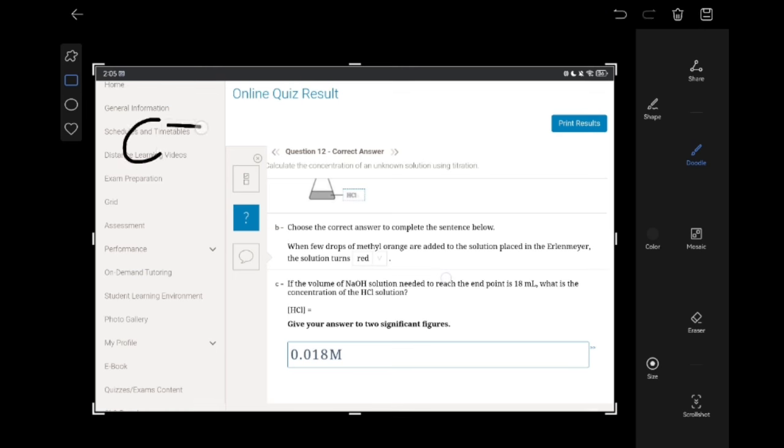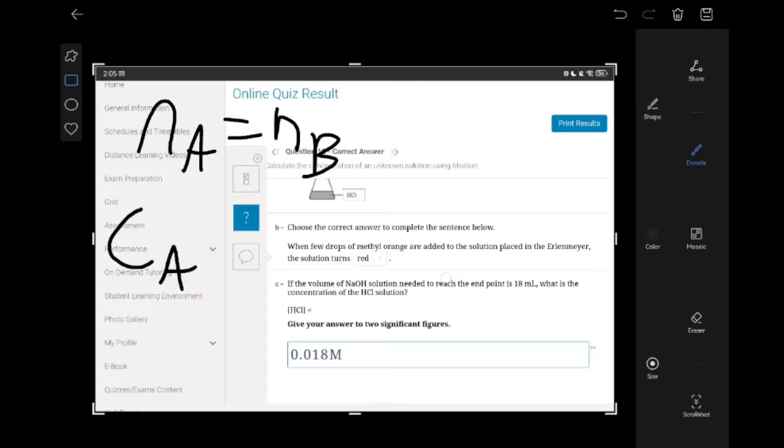We know C equals N over V. If you cross multiply, you get N equals CV. What did we just say? That N of the acid is equal to N of the base. So that means concentration times volume of the acid is equal to concentration times volume of the base.